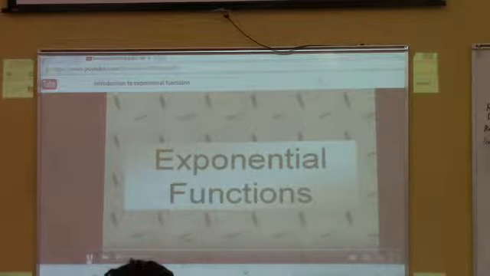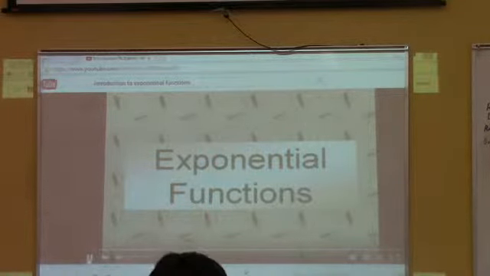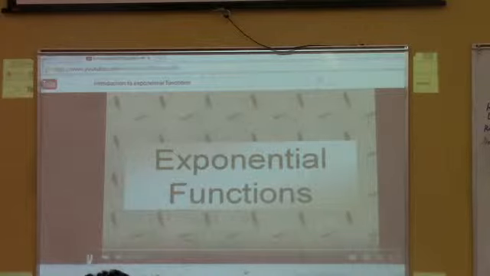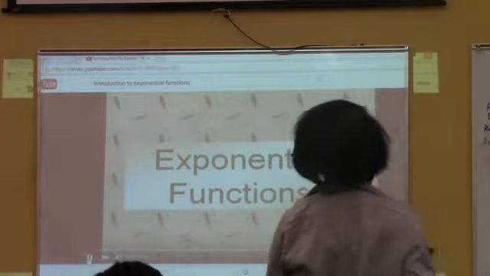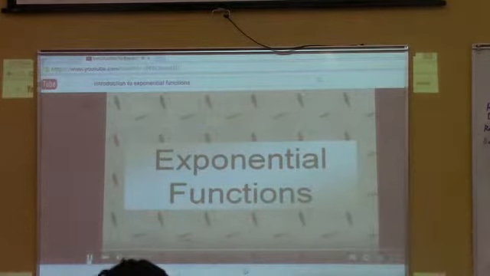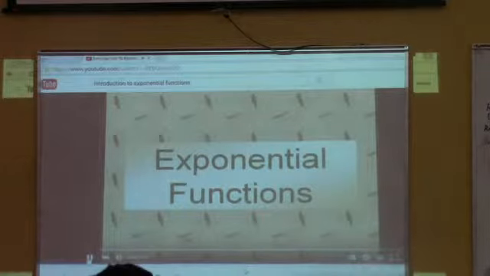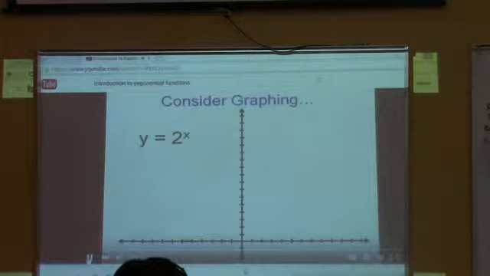The more practical and powerful they become, such is the case in equations called exponential functions, where the x is in the exponent. You've probably never seen these before. Let's take a look at something like this. Very simple one, y equals 2 to the x.